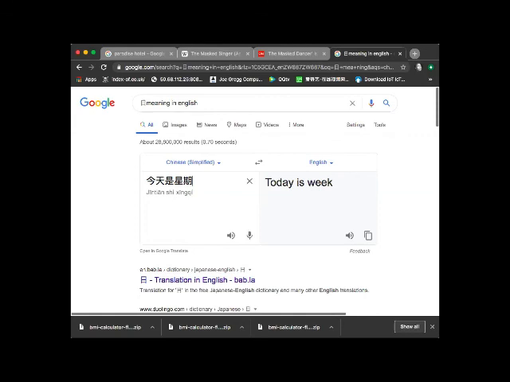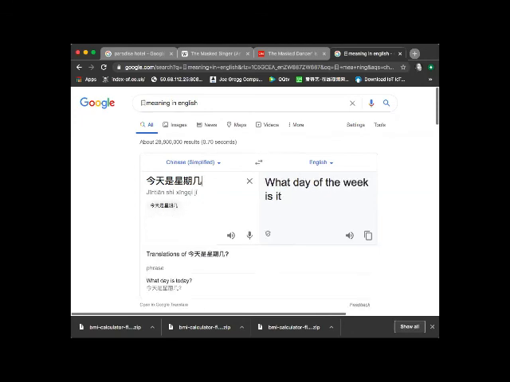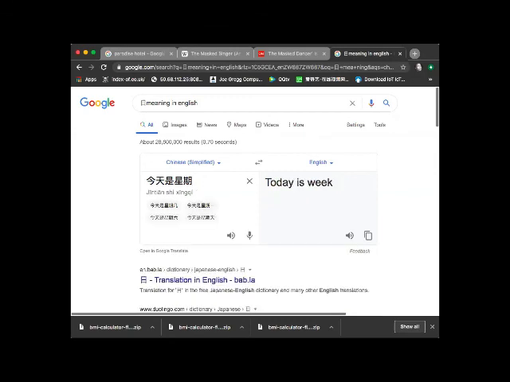So if it's Monday, we're adding 一, which is 1, and then today is Monday. We removed the 几, the part where we were asking the question, and replaced it with the number of the day that we want.